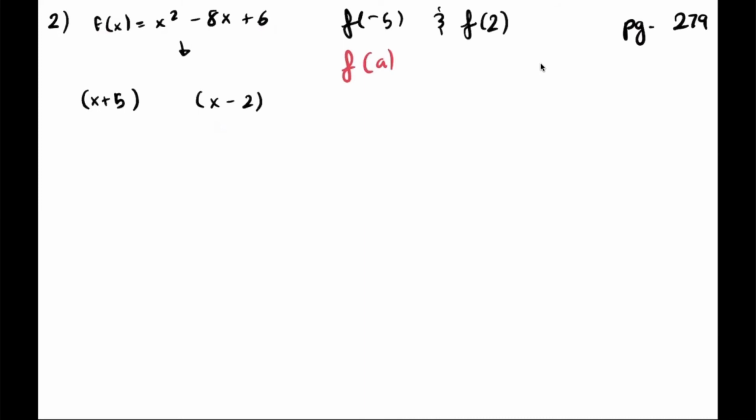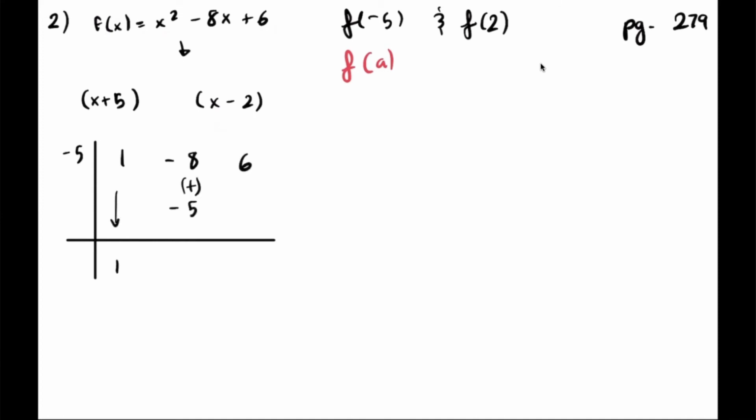Okay, so first, for a equals negative 5, we're going to solve it. We put negative 5 here, then the coefficients are 1, negative 8, and 6. Take 1 down, 1 times negative 5, add these, you will get negative 13. Multiply negative 13 by negative 5, which will be 65. You add these together and you will get 71.